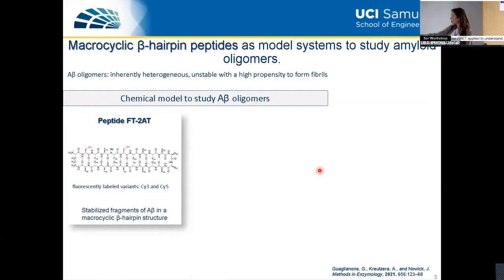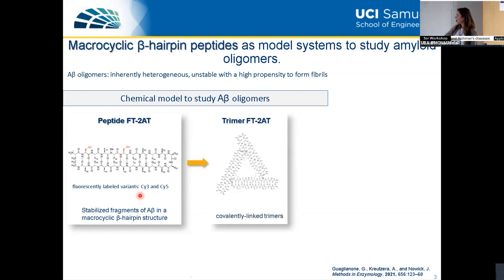They first stabilized these beta fragments in macrocyclic beta hairpin structures, and then they covalently bound these peptides into trimers.